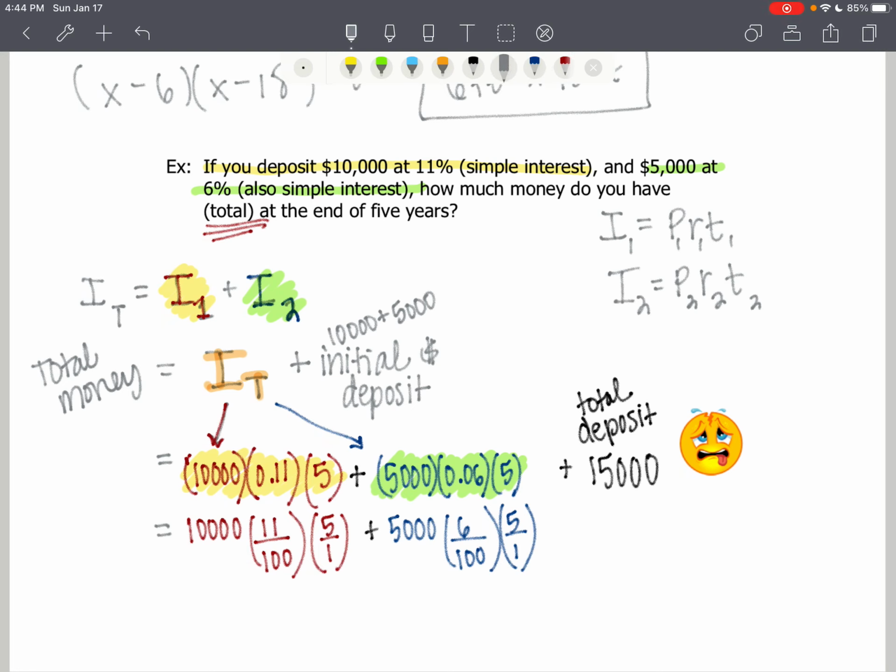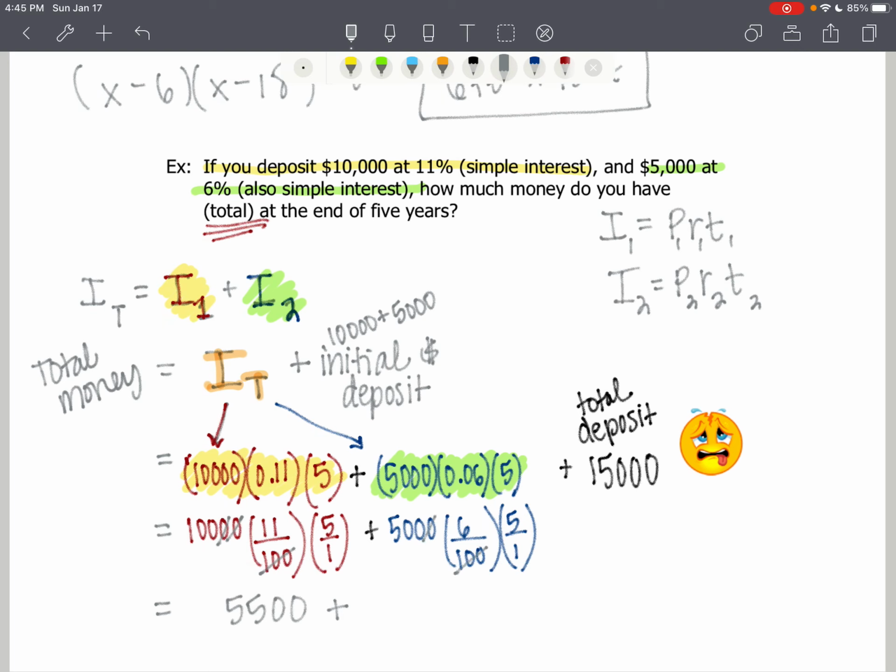So those two zeros will cancel out with two of those zeros. So I have 100 times 11 times 5. 100 times 11 is 1100, times 5 is 5500.